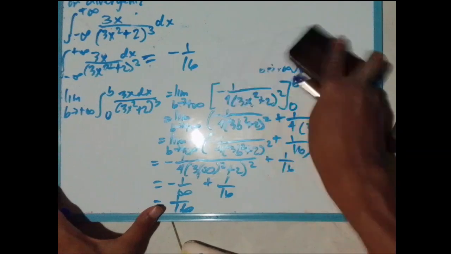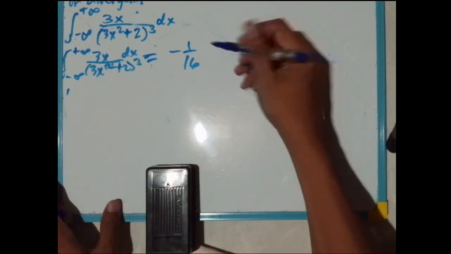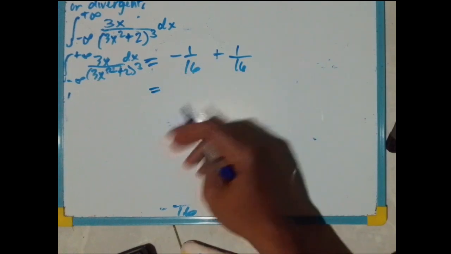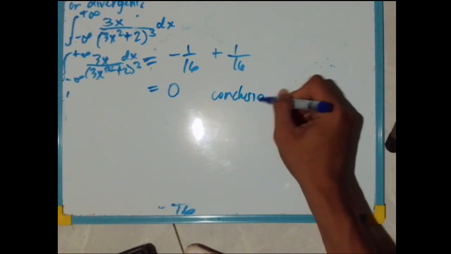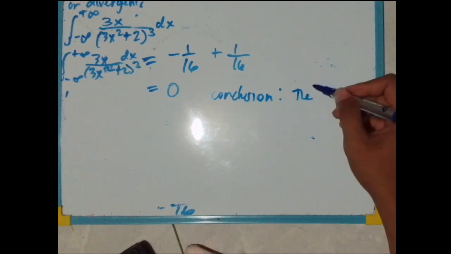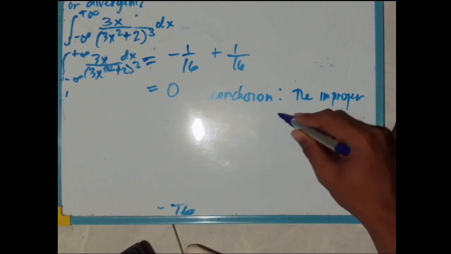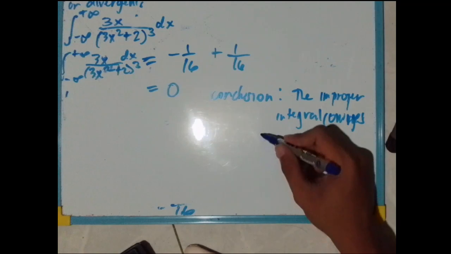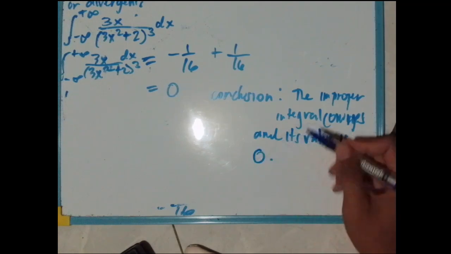So you can replace this as 1 over 16. Since negative 1 over 16 plus 1 over 16 is equal to 0, therefore the conclusion for this is that the improper integral converges, and its value is 0.